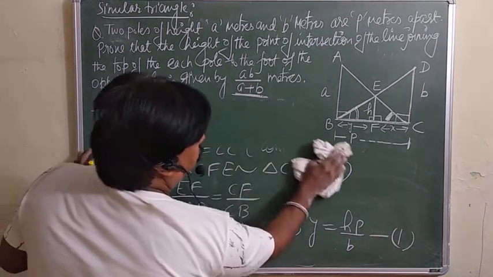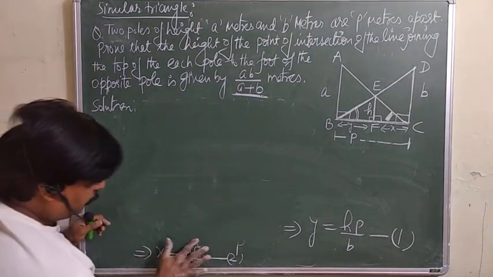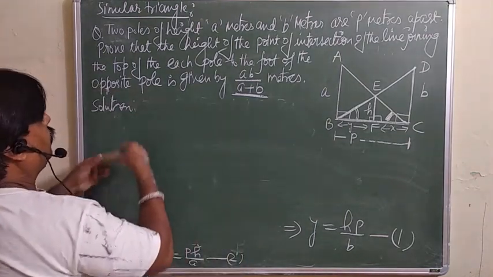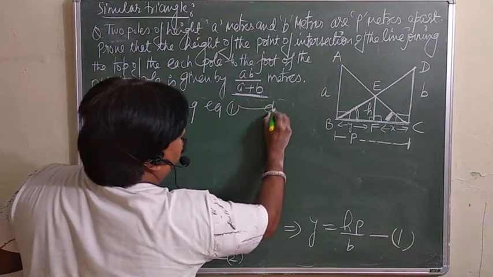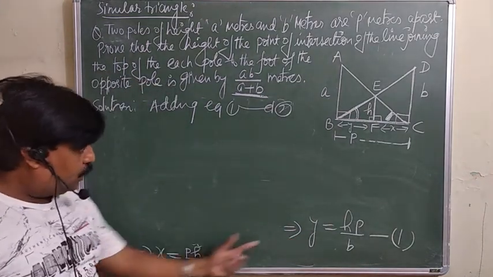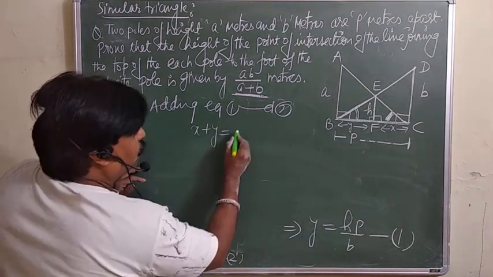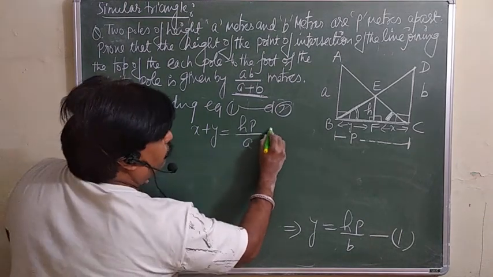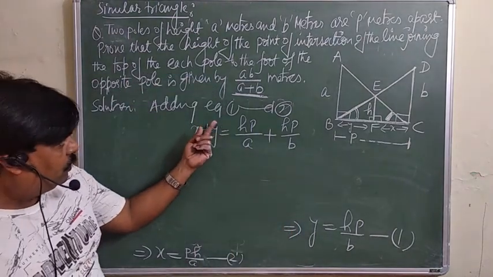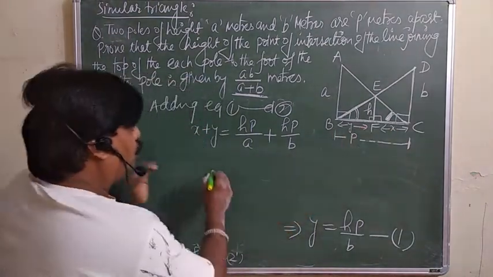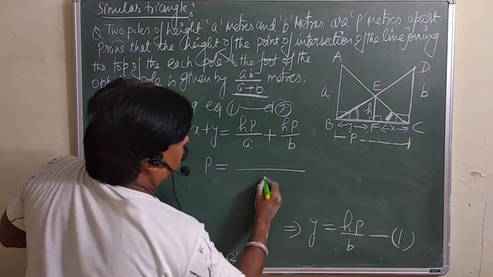Look here. So adding equations 1 and 2, x plus y is equal to HP over A plus HP over B. But look here, x plus y is already equal to P. You can take the LCM, AB.